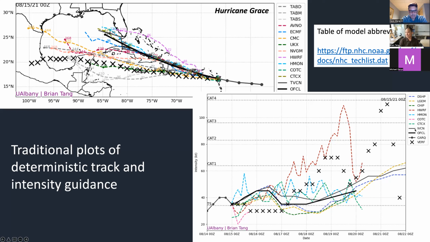And then you have a consensus, the IVCN, which is the solid black line, and then the official National Hurricane Center forecast given by the bold black line. So you can get a quick glance of what the models and the Hurricane Center are thinking for the intensity.